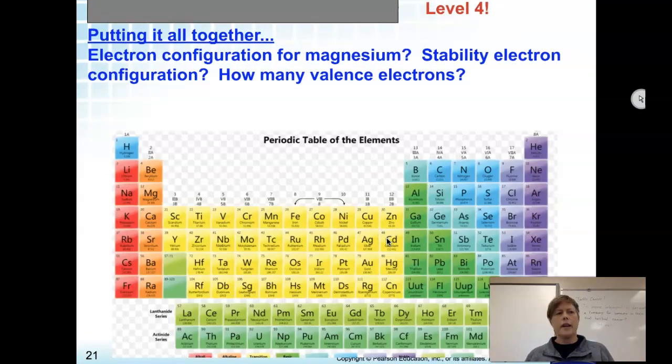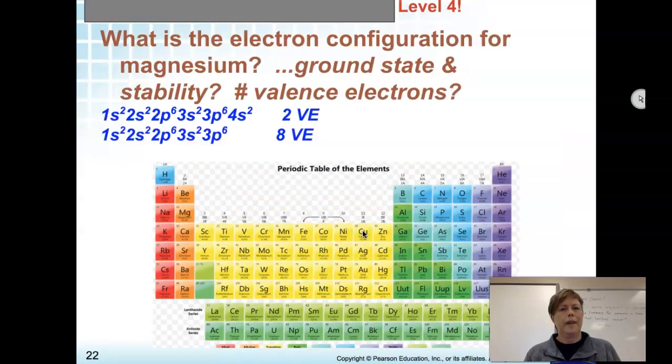So putting it all together, what is the electron configuration for magnesium? What is the stability electron configuration? And how many valence electrons are located in the normal electron configuration and the stability electron configuration? Pause the video and go for it. You can see the ground state, or the normal electron configuration, has 2 valence electrons.